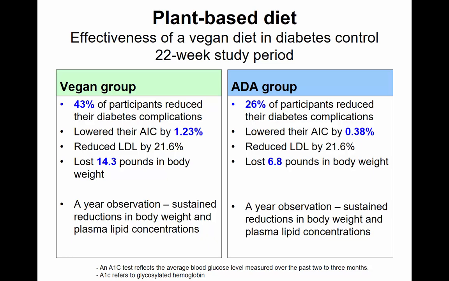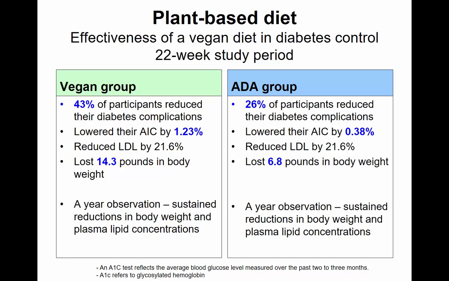And in terms of lowering the A1C, people in the vegan group had a decrease of 1.23%, and only 38% of people in the ADA group had a reduced A1C, right?